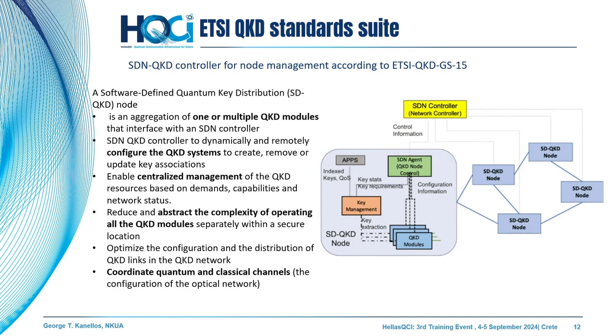There are another pair of standards that are very important for reasons that were mentioned by Hannes and other speakers previously, on the need to deploy the networks in a software-defined fashion.